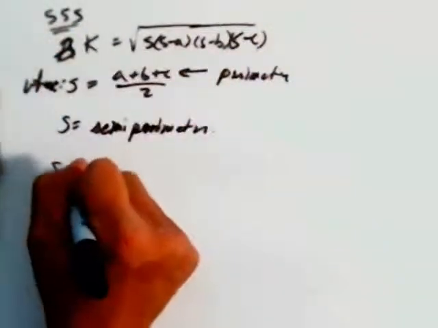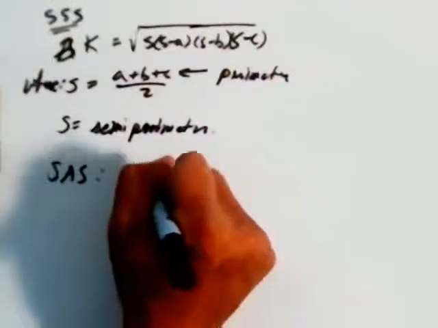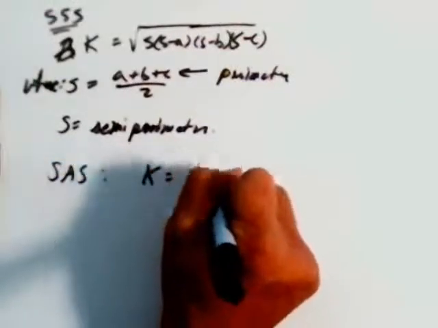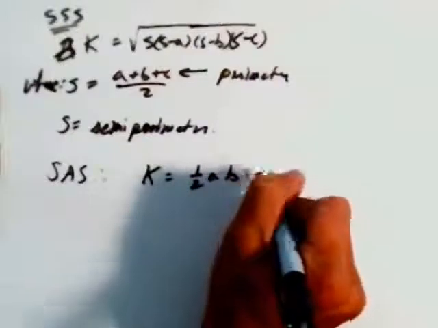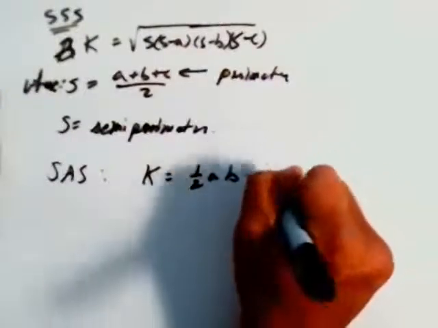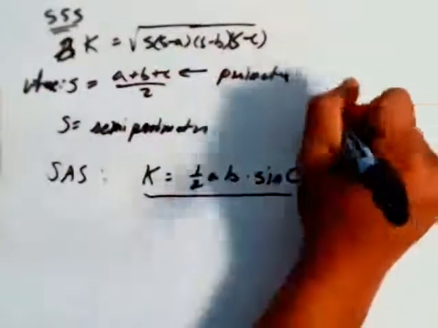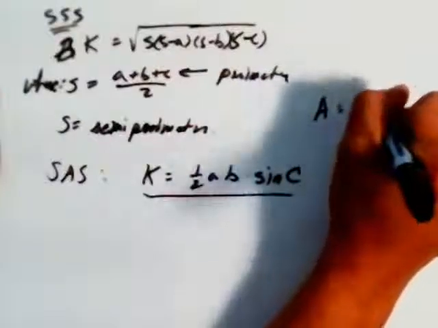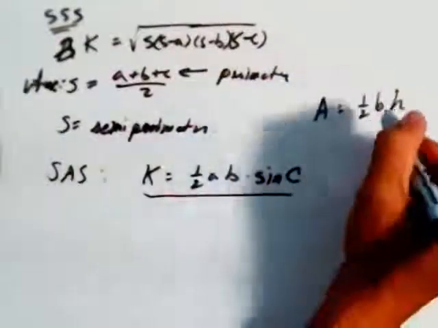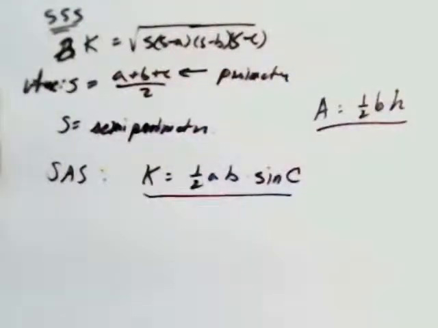Given the SAS situation, you can use the area is equal to 1/2 ab times the sine of angle C. There is one other formula you can use. Of course, the area of any triangle is equal to 1/2 base times the height. That's another formula you're going to be using.